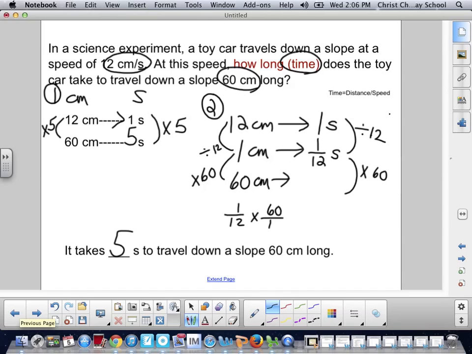We can actually cross simplify. 12 goes into 60 5 times. 1 times 5 is 5. 1 times 1 is 1, which gives us, again, 5 seconds as our final answer. It takes 5 seconds to travel down a slope 60 centimeters long.